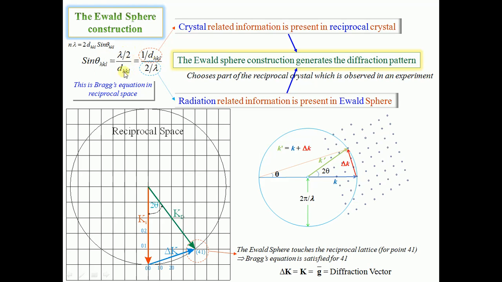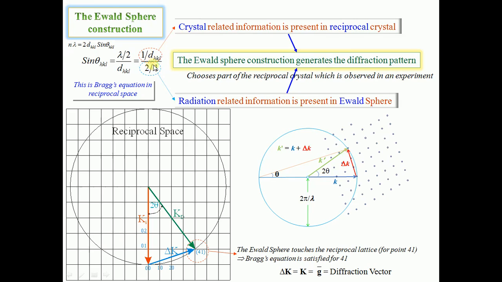Here we have crystal related information in the reciprocal lattice, and 2 by lambda means radiation related information in the Ewald space. So in Bragg's equation in the reciprocal space, the crystal related information and radiation related information is there. This radiation is from electron and this is from your crystal.